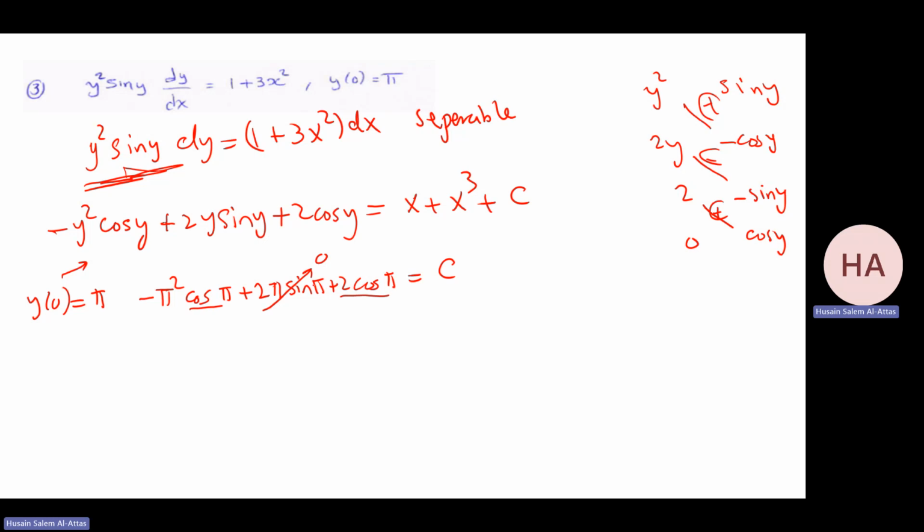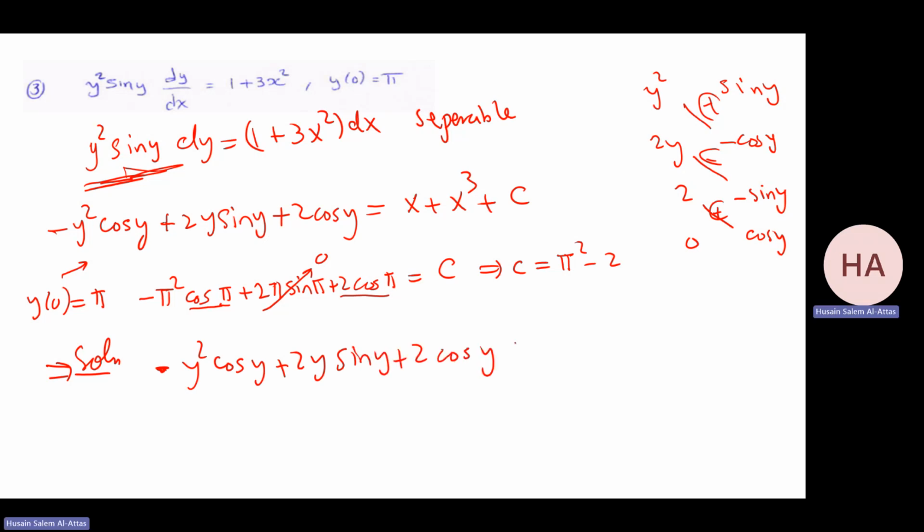So I'm getting c equal 2 minus pi squared. No, pi squared minus 2, sorry. Yeah, this is -1, so it's pi squared minus 2. So my solution would be minus y squared cosine y plus 2y sine y plus 2 cosine y equals x plus x cubed plus the c, which is pi squared minus 2.